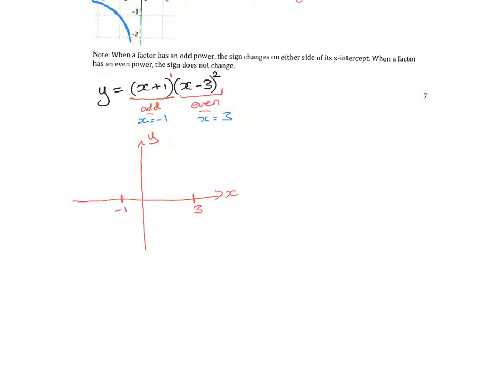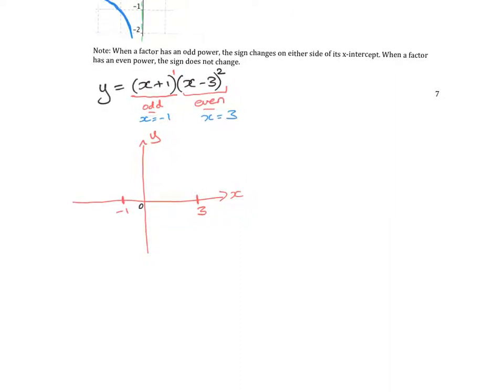Now, to draw this without a calculator, I can sub in an easy point like 0. When x is 0, I get 0 plus 1 is 1, and then 0 minus 3 is -3, but -3 squared is 9, so 9 times 1 is 9. So I'm actually up here somewhere.